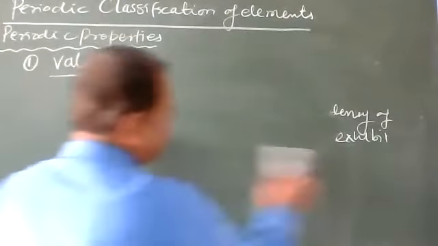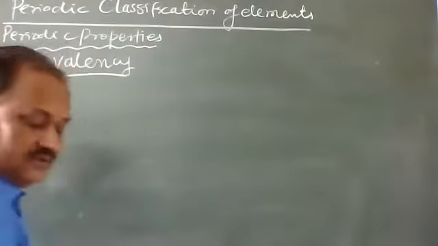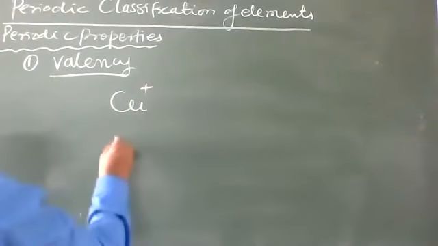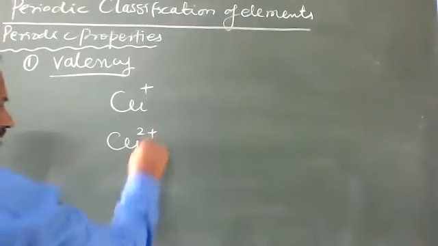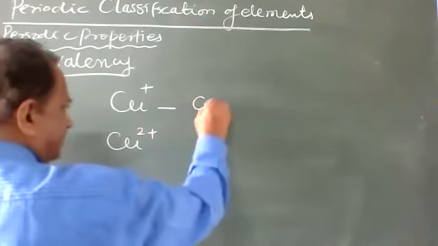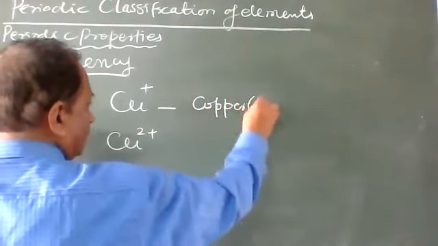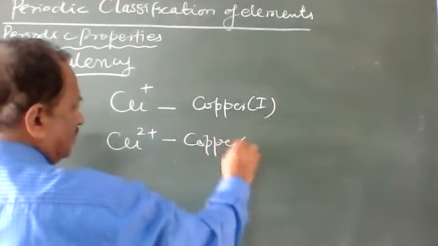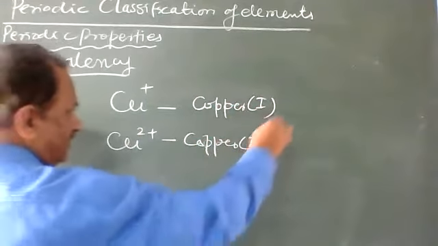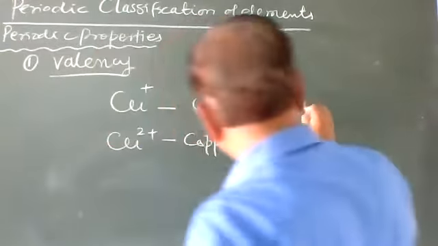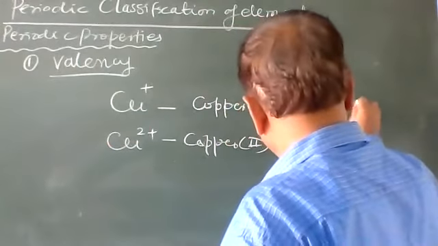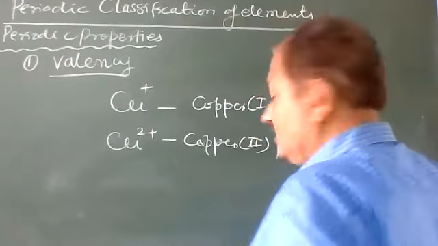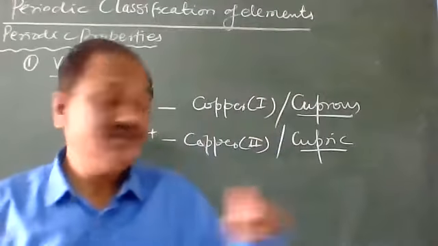Like in the case of copper, copper plus 1 is said to be copper first, it is cuprous. Copper plus 2 is said to be copper second, it is cupric.